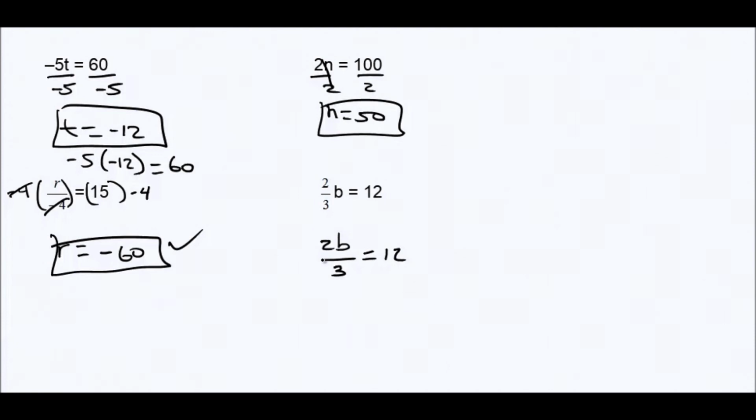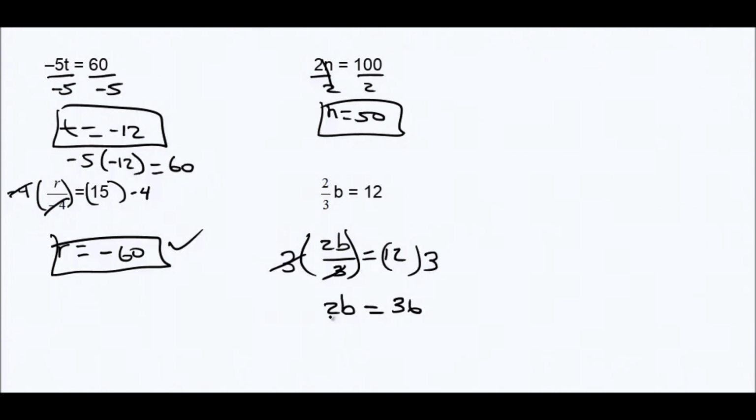So here, we want to get rid of the 3 first, and we knew that over here, if we want to get rid of something that we're dividing by, then we multiply both sides by that same number. So we're going to multiply both sides by 3, and that equals 1 times 2b, or just 2b, equals 12 times 3, which is 36.